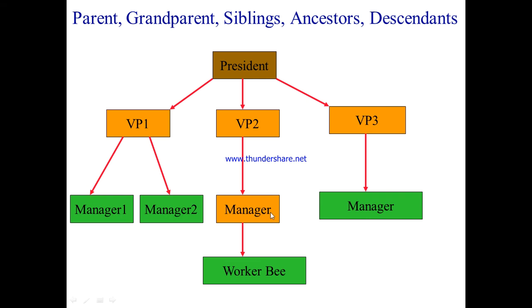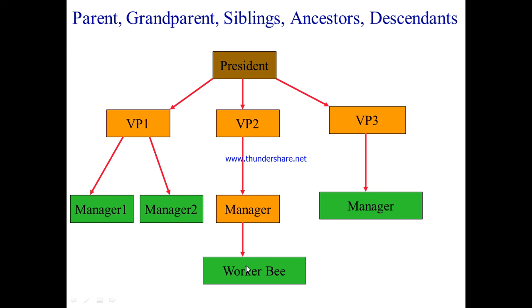Because it is derived from this level, so its parent is manager. This is the parent node of this node. Then for this manager, the parent is VP2. For this VP2, the parent is president.